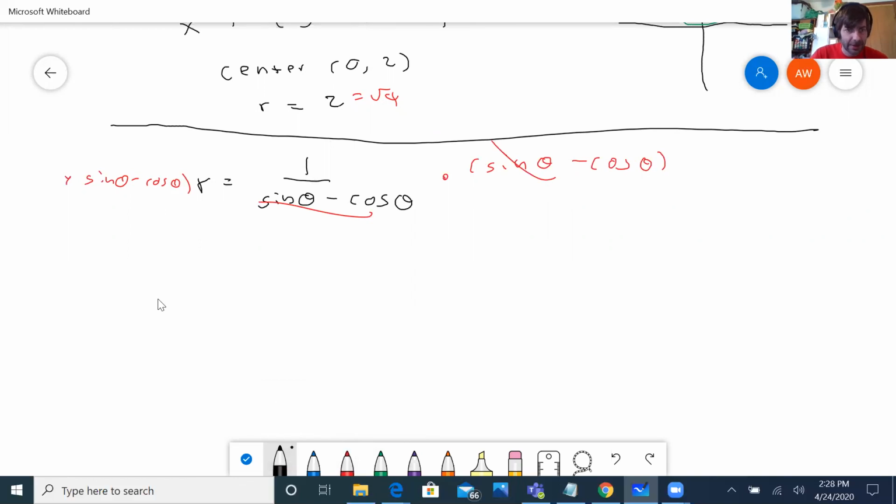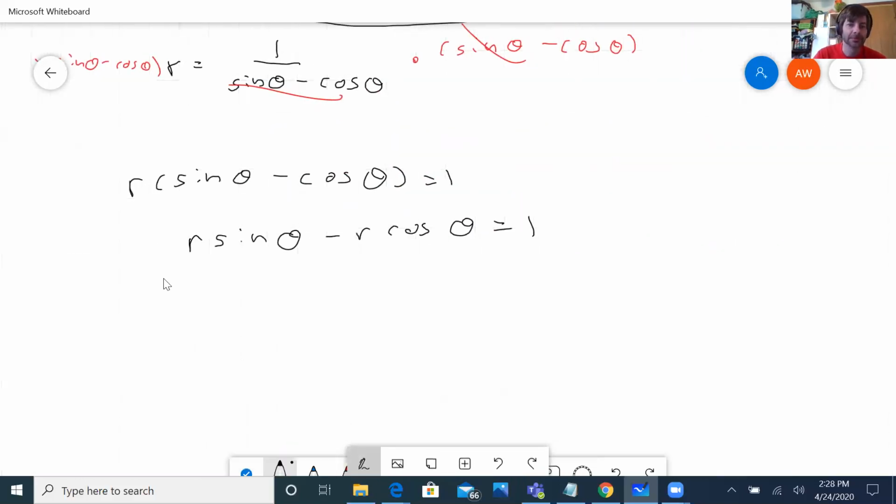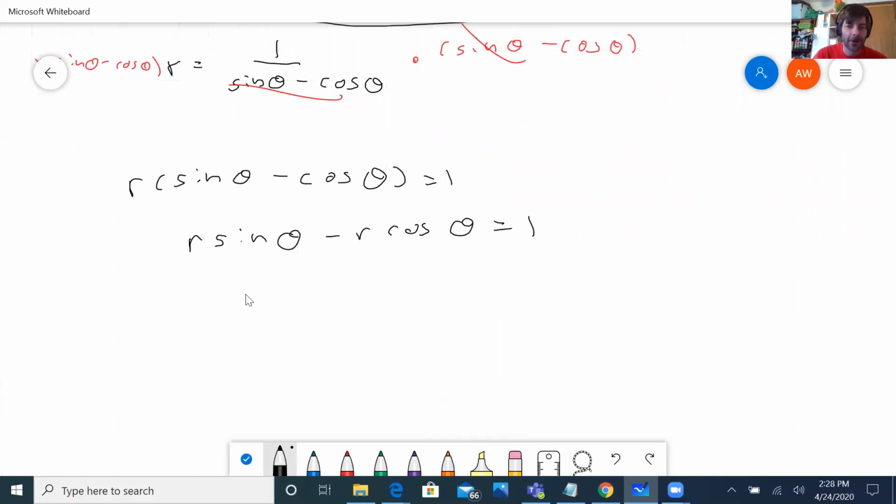And then I get r times (sine theta minus cosine theta) equals 1. Then if I distribute my r, r sine theta, that's y. r cosine theta, that's x.